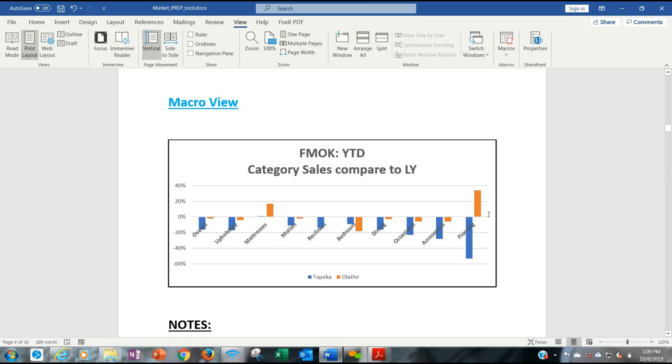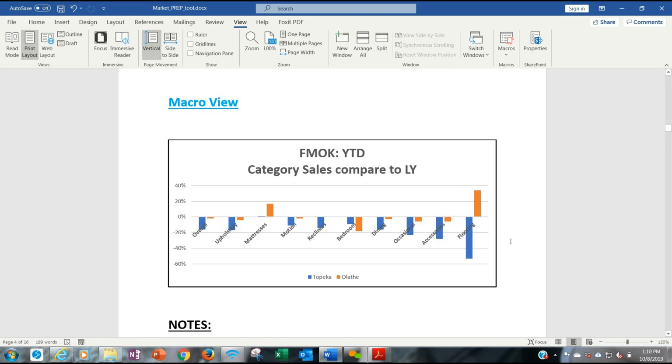As you can see in the Topeka store, several categories are down, and then in Olathe, mattresses and flooring, actually sales are really flat here in the Olathe store. So those two categories are preventing us from being below last year.